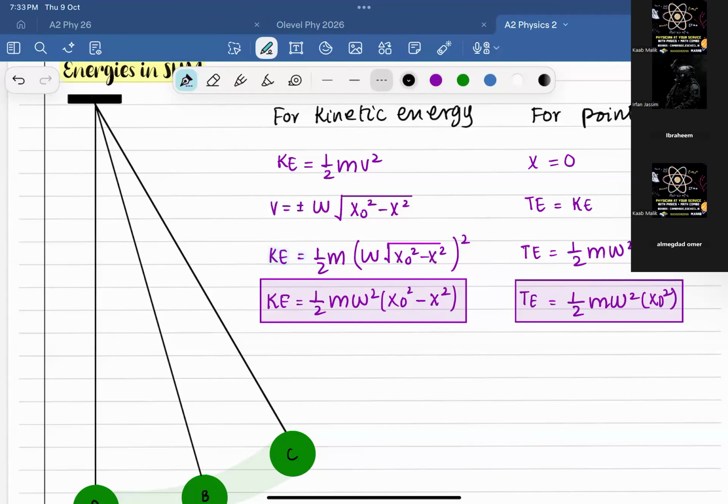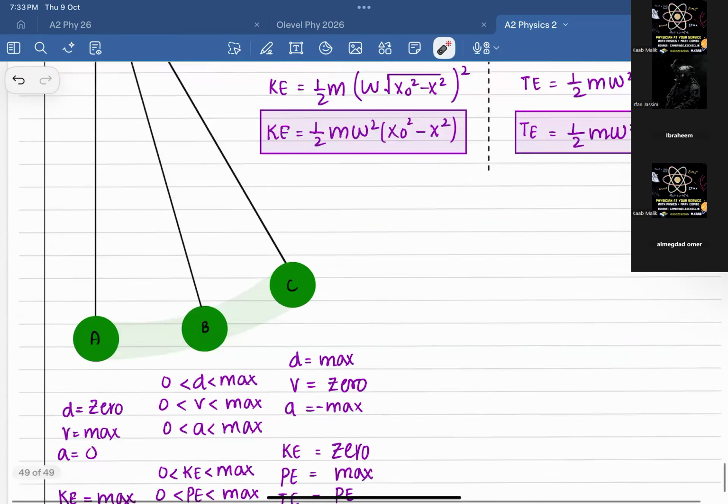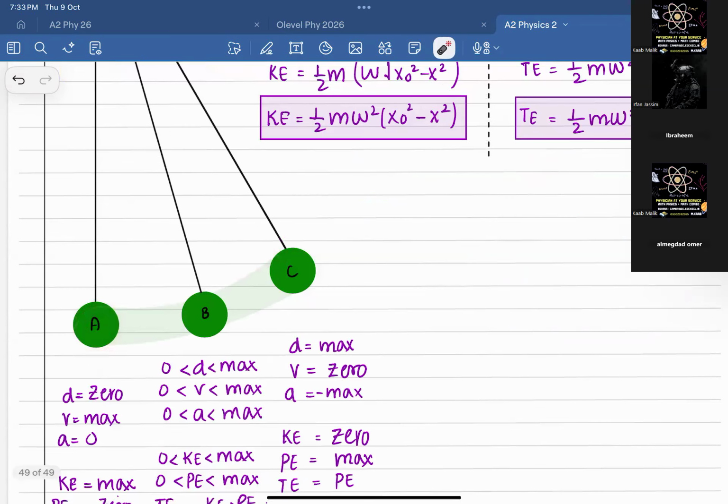Now, by the way, some students confuse this formula with the kinetic energy formula. They say, okay, we derived this with the kinetic energy formula, so it will actually only work for point A and not anywhere else, right?